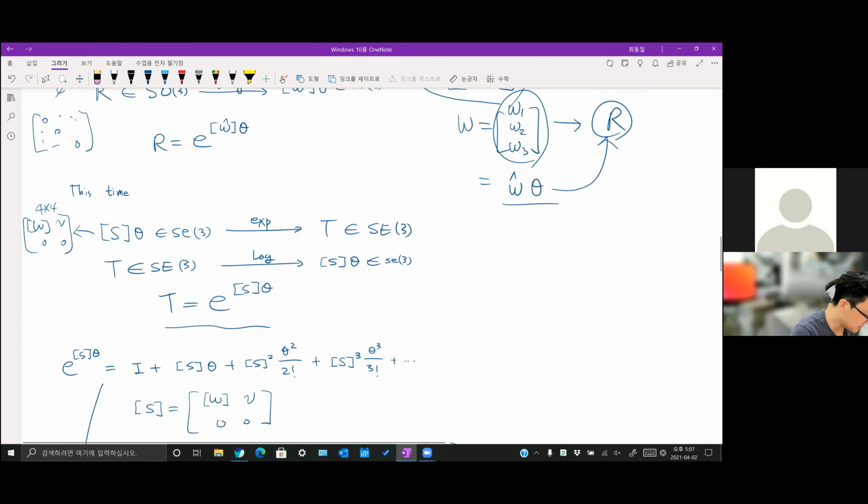Let us think about this one. By taking the exponential here, we can write down this equation.